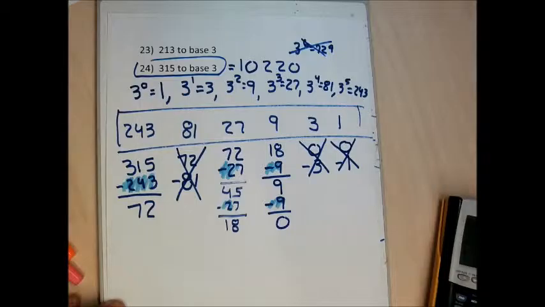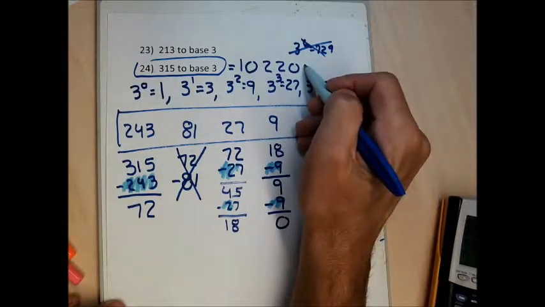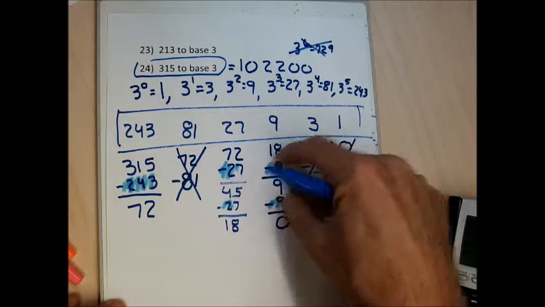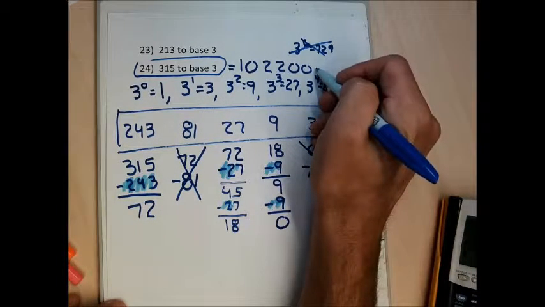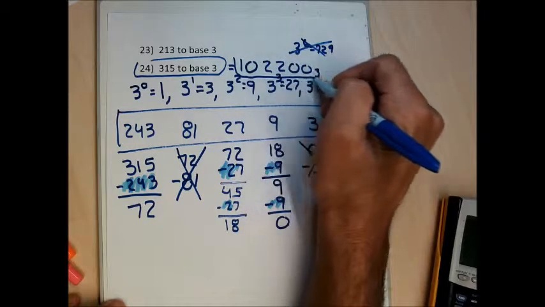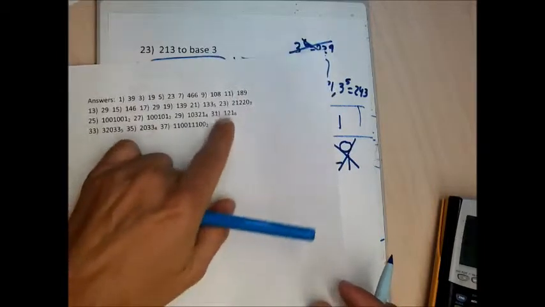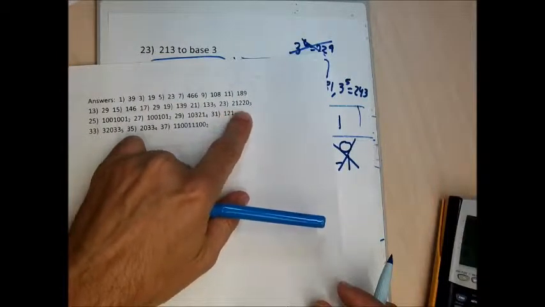So I put a cross through it and put a 0 in this position. So I get 1, 0, 2, 2, 0, 0, base 3 for my answer. When you did problem 23, you're supposed to get 2, 1, 2, 2, 0, base 3.